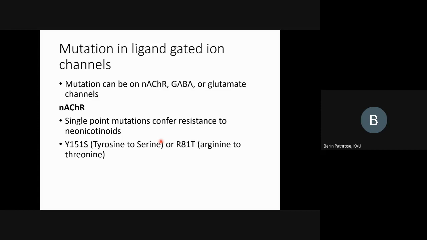And at the 81st position, earlier it was arginine in the susceptible one. In the resistant one, a single point mutation led to the formation of threonine. The amino acid became threonine instead of arginine. And this conformational change makes the nicotinic acetylcholine receptor resistant to the insecticide. Clear?